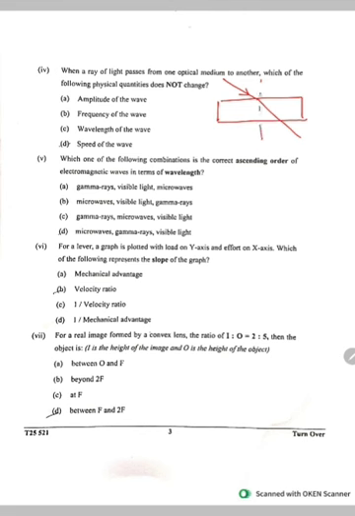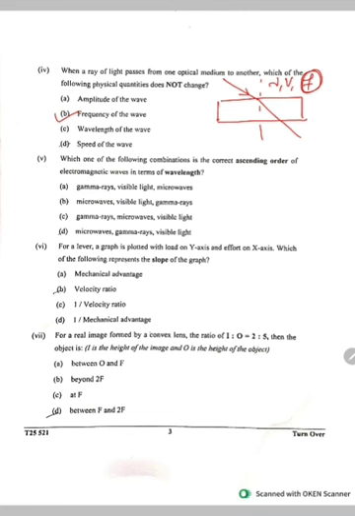Lambda is going to change, velocity is also going to change. Only one term remains, and that is frequency. So frequency will remain constant, there is no change in frequency. So the correct option is B.